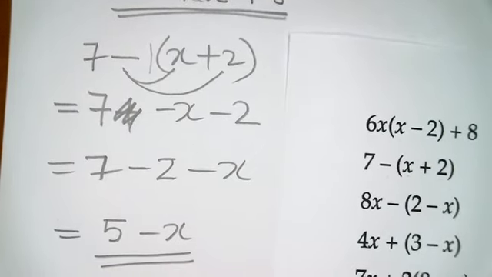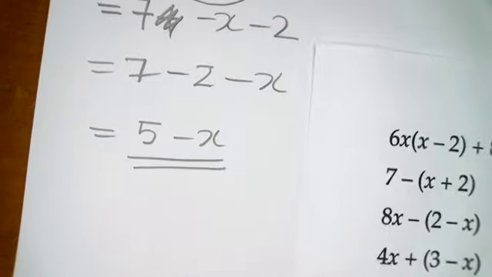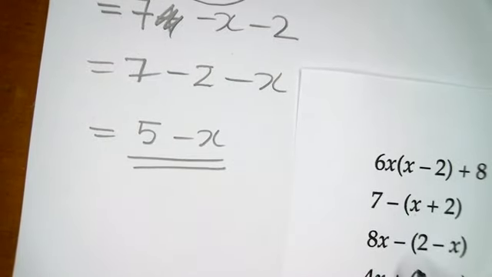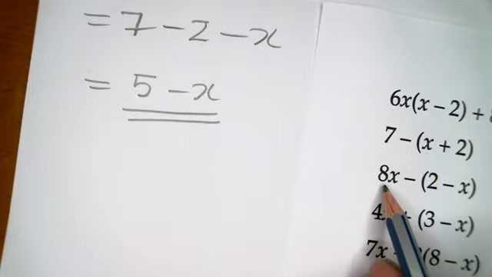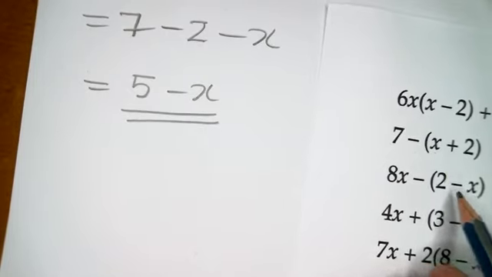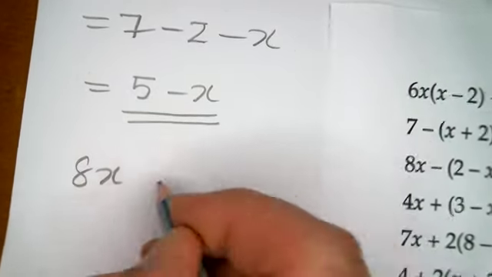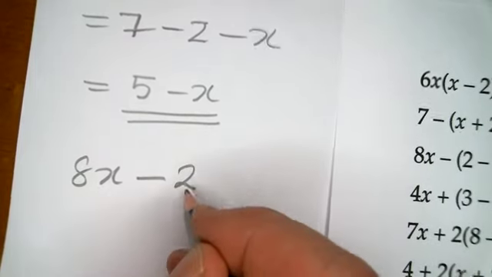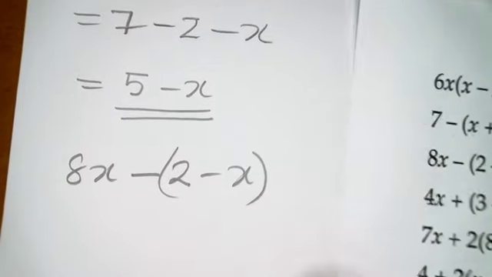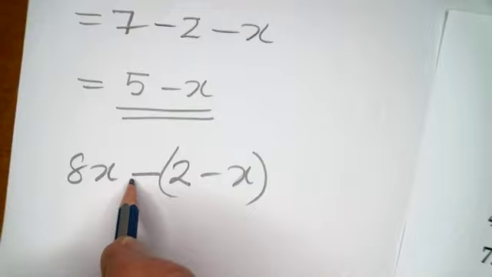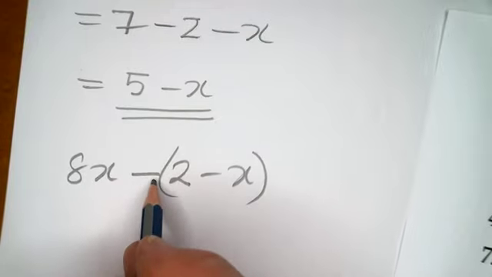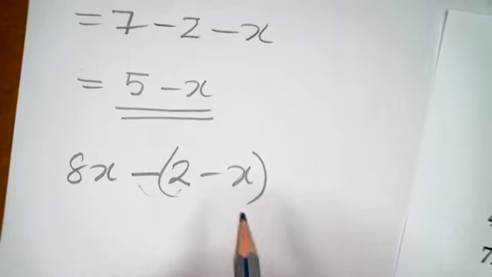These are a bit tricky, aren't they? I like them, though. Let's do 8x minus (2 minus x). Well, I've got an 8x and I've got a negative something. Really, this is like a negative 1. It's saying a negative 2. Let's do this now.